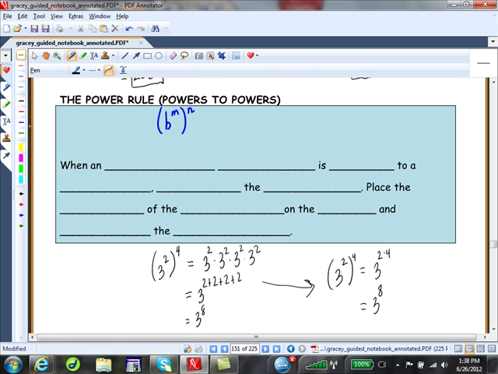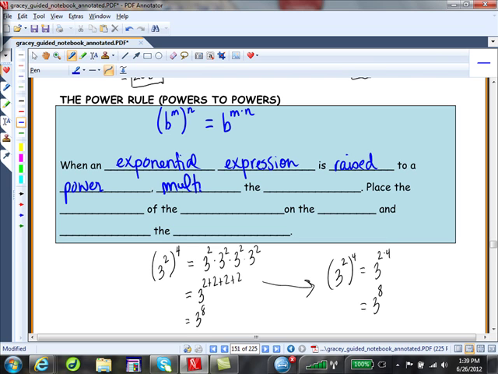So what do you think the rule is? Good. This would be b raised to the m times n. So when an exponential expression is raised to a power, multiply the powers.